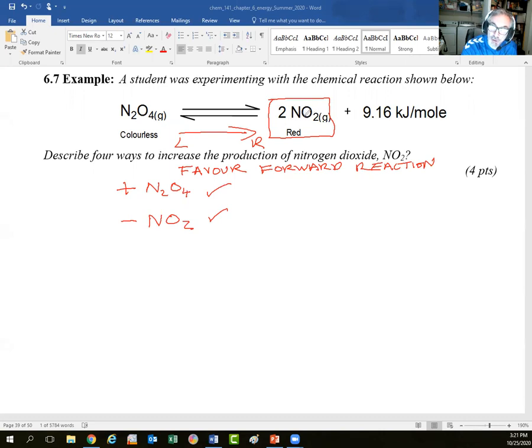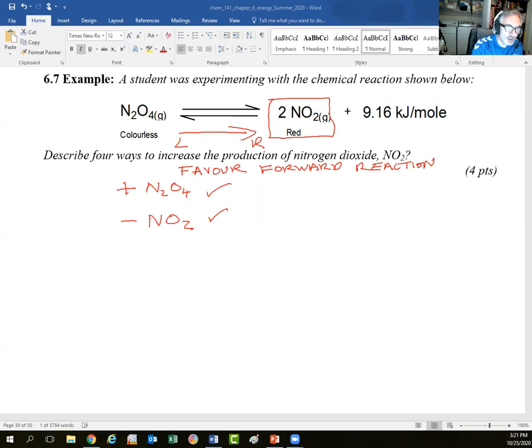Taking away the NO2, storing it in a separate vessel, as the reaction is ongoing, that doesn't stop the NO2 being produced. It does, however, slow down the reproduction of the N2O4. NO2 molecules collide and reform into N2O4. So by taking away the NO2, you take away the fuel of the back reaction, and the forward reaction is favored.